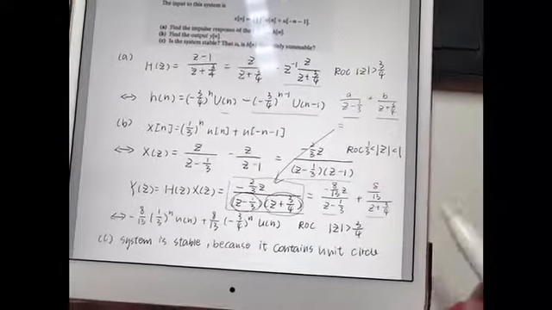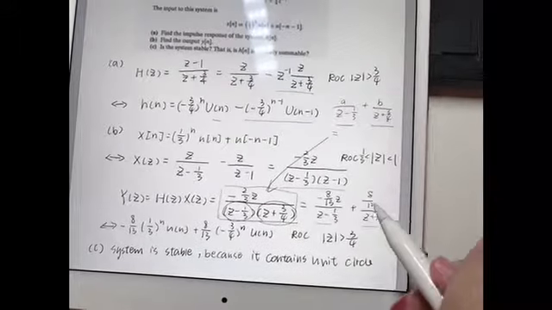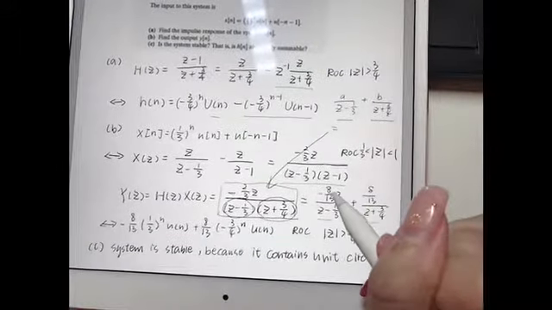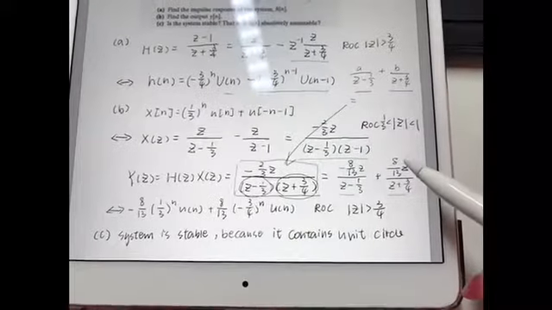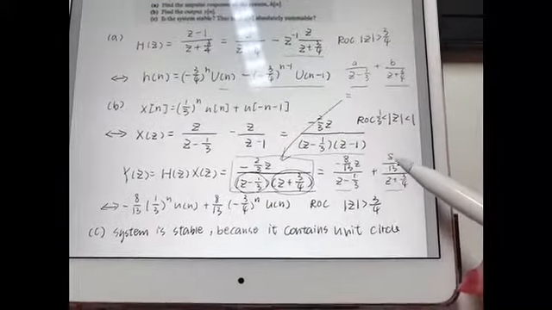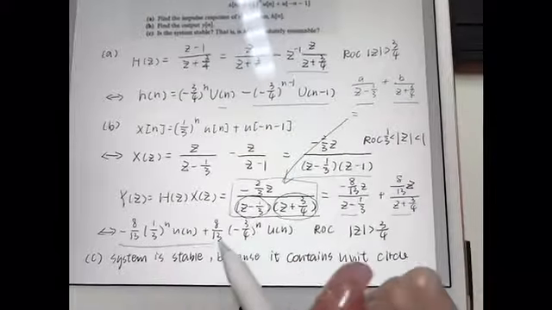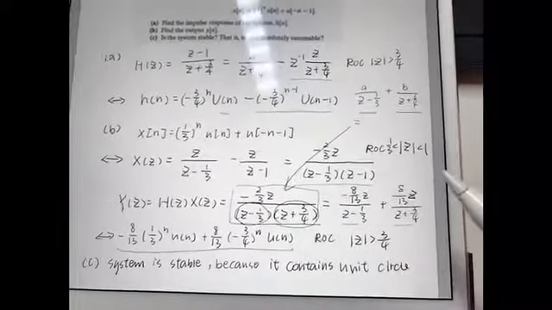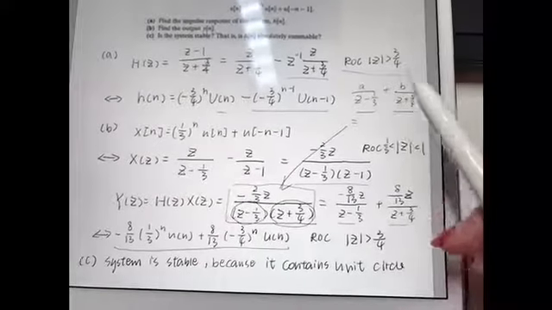So we can find that A equals 8 divided by 13, and the second one will be 8 divided by 13 z. And now we can do the inverse transform to get the answer. And the ROC will be the same as this one.